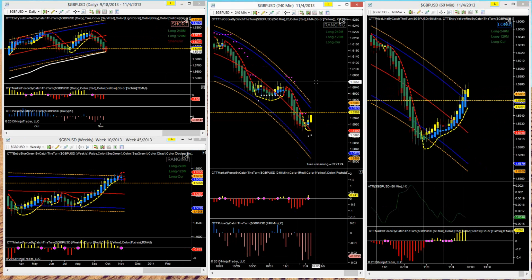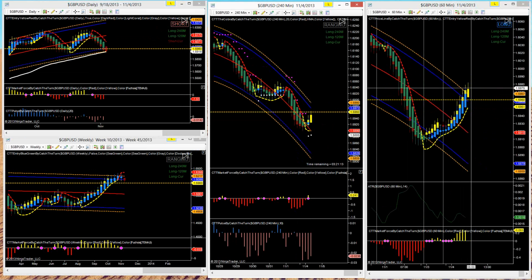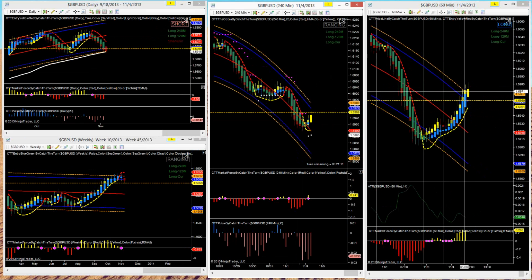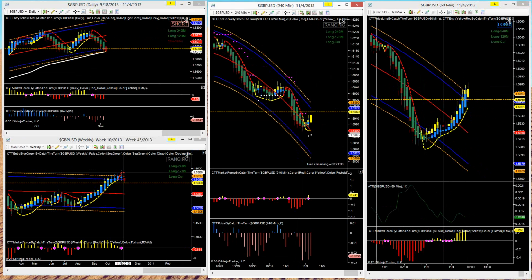It's not making it. Our daily is actually short, so once the hour turns and starts going short, we're going to feel comfortable going short because the daily is short and the weekly just turned short. We all understand that, correct?